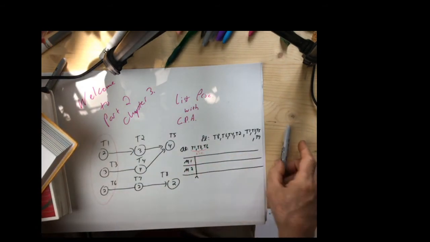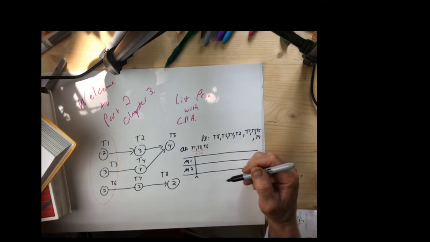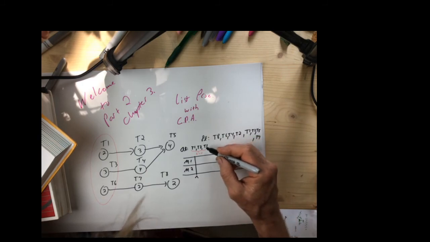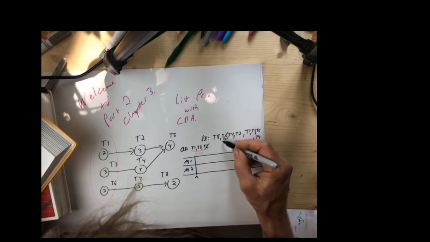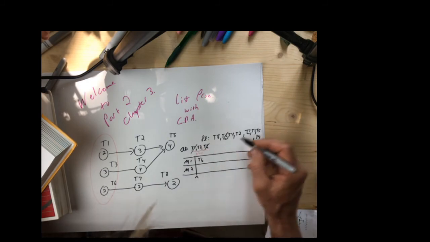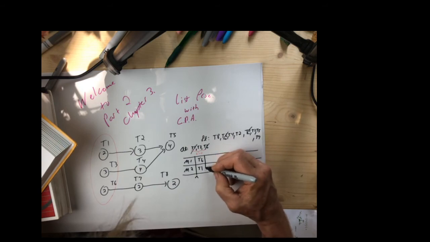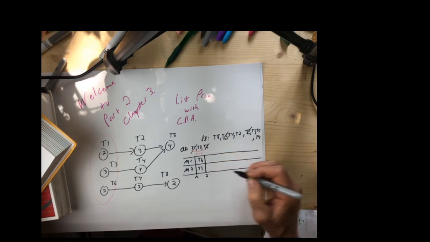Now, since I have two people waiting at time equals 0, I must use the priority list. Now, the strange thing is the priority list says T6 is the most important, and T1 is the next most important, so I put them in, and they both run for 2 hours.